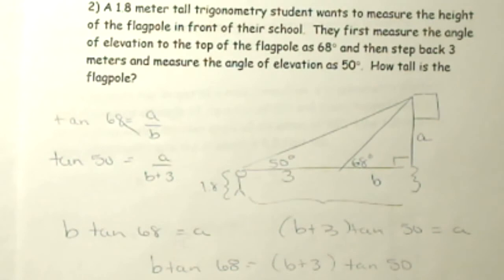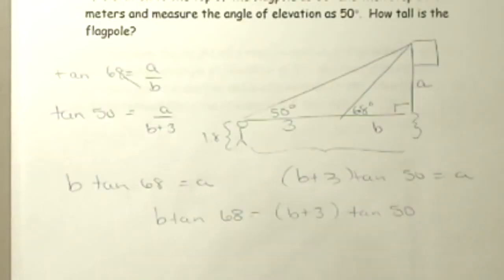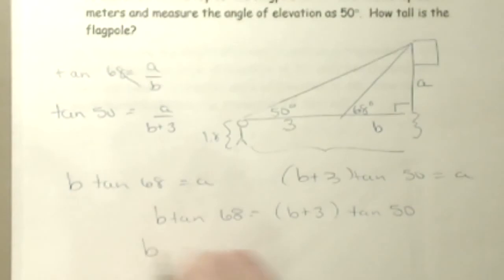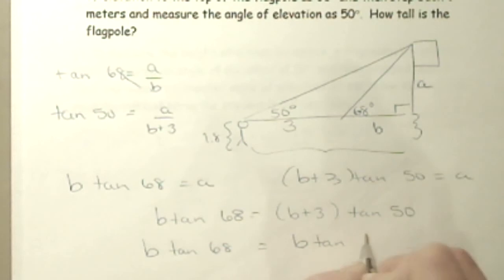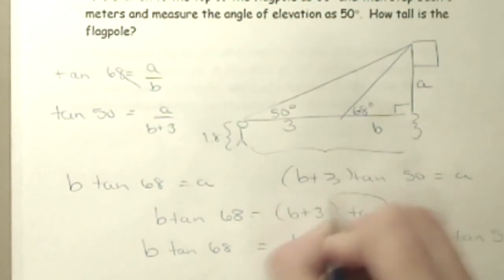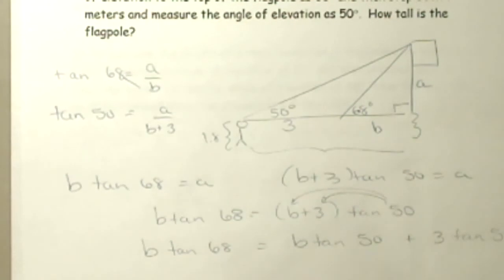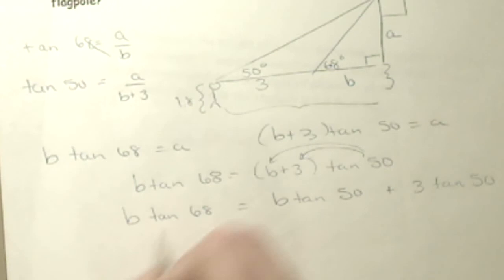Using the transitive property of equality, they're both equal to A, so they are equal to each other. So it looks like I'm going to get the length of B before the height of A, so I'm going to go ahead and solve for B by distributing the tangent 50 through the right side. Move that B tangent 50 over to the other side with a little subtraction.